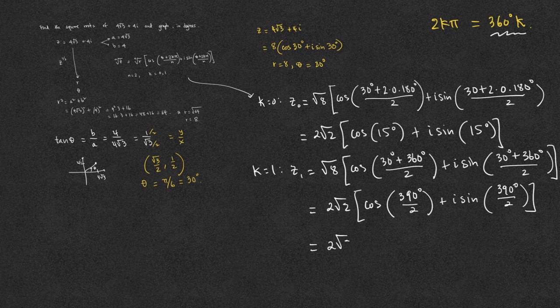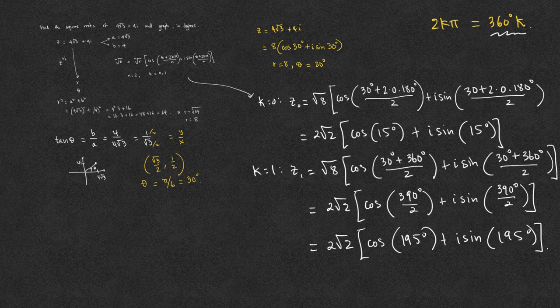This is 2 root 2 times cosine of 195 degrees, because 390 divided by 2 is 195, plus i sine of the same angle, 195 degrees. And we can leave the answer in this form because the question is asking for the answer in degrees.